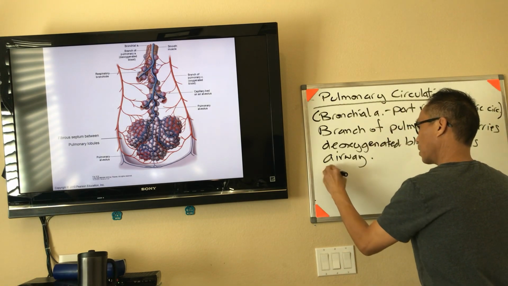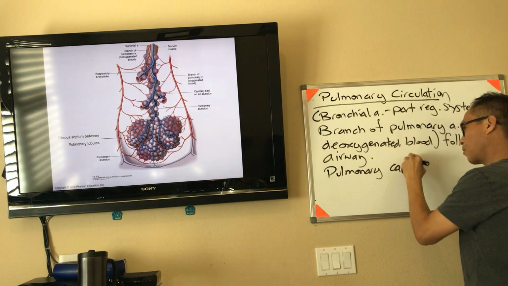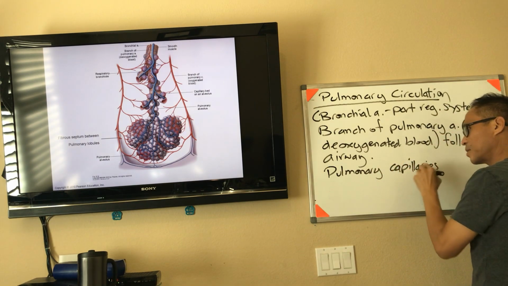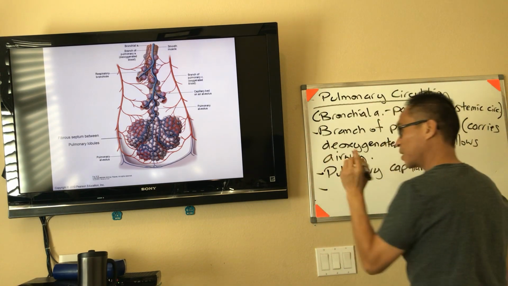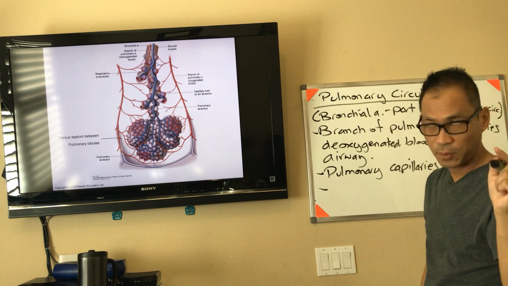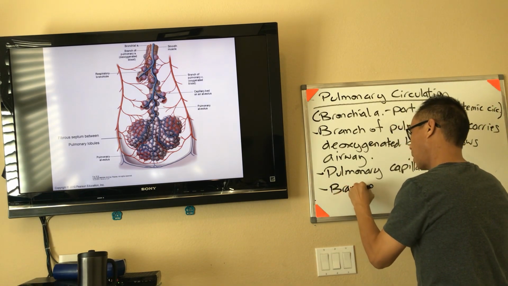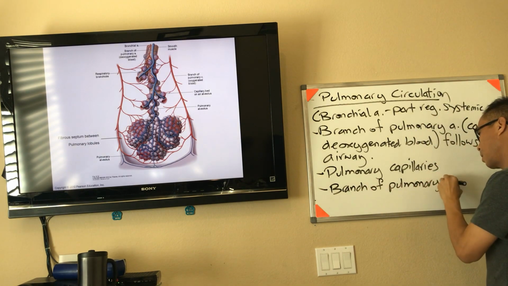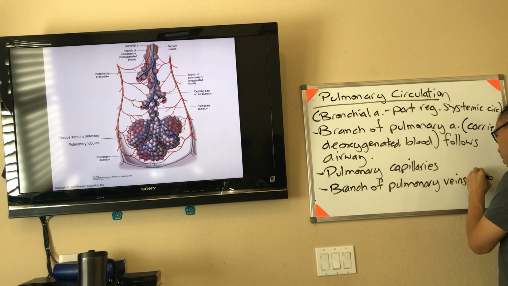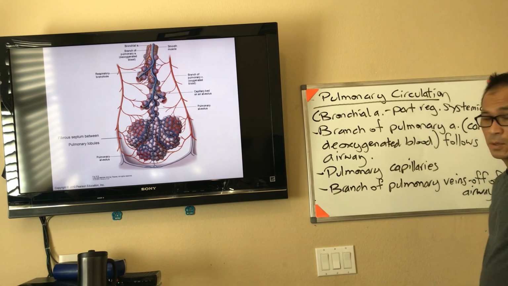Okay, so it goes to pulmonary capillaries. That's where you have the gas exchange. You should already know that. And that leads straight to a branch of pulmonary veins off of the airway. Okay.